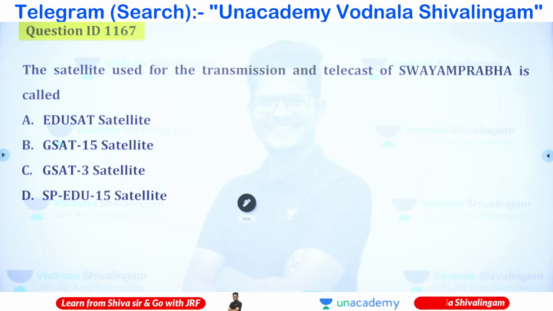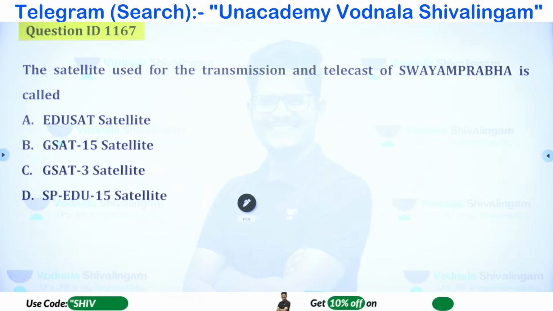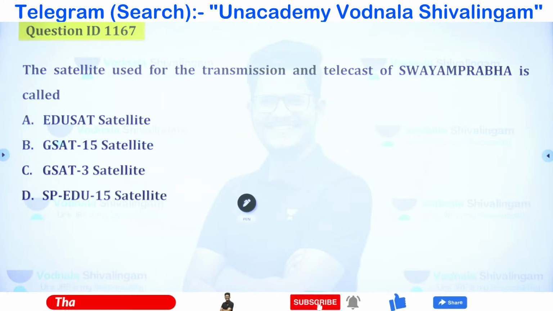The satellite used for the transmission and telecast of Swayam Prabha is called, a unique answer must come.